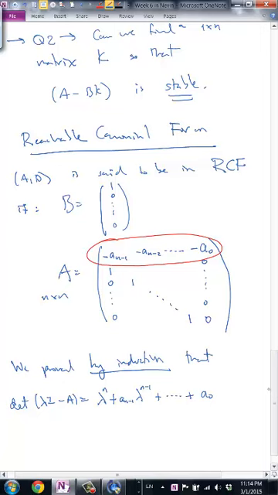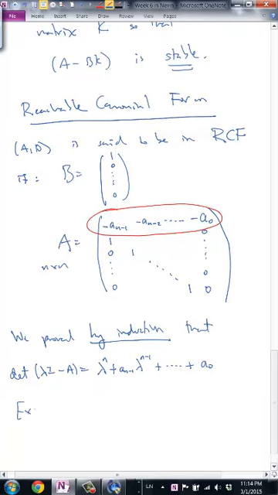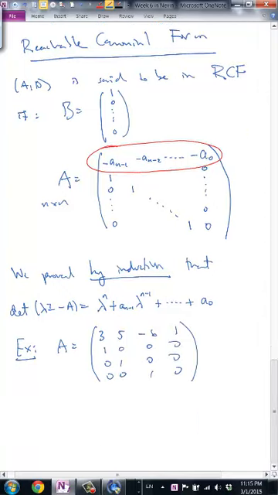So for example, if I give you the matrix A equal to 3, 5, minus 6, 1, 1, 0, 0, 0, 0, 1, 0, 0, 0, 0, 1, 0, and I want to know its characteristic polynomial, well, we could compute the determinant of this 4x4 matrix, but that could be painful.